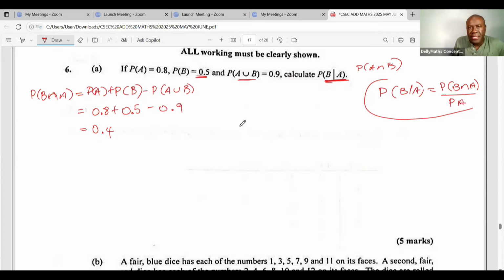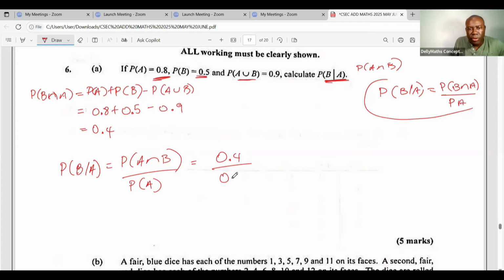So basically now we could go back and just do what we gotta do. We want to find the probability of B given A, and this is equal to the probability of A intersect B over the probability of A. In this case, this is 0.4 over A. What is A?